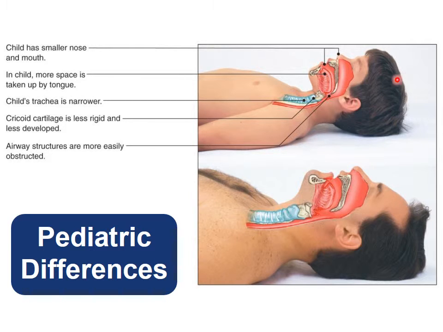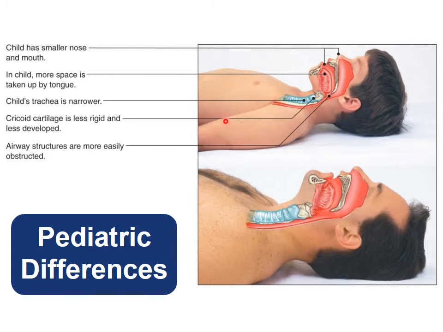So if you have a very critical kid and they're lying supine and they're not able to breathe on their own, or they're not conscious, so they can't move their airway if it's kinked, and we lay them flat on the stretcher or on a backboard, we can actually kink off their airway and prevent them from breathing or breathing very well.